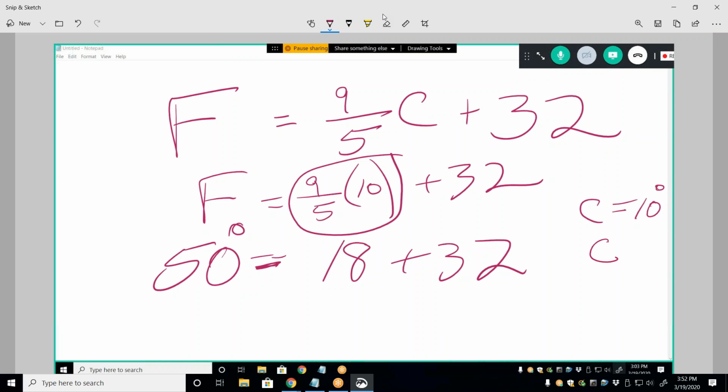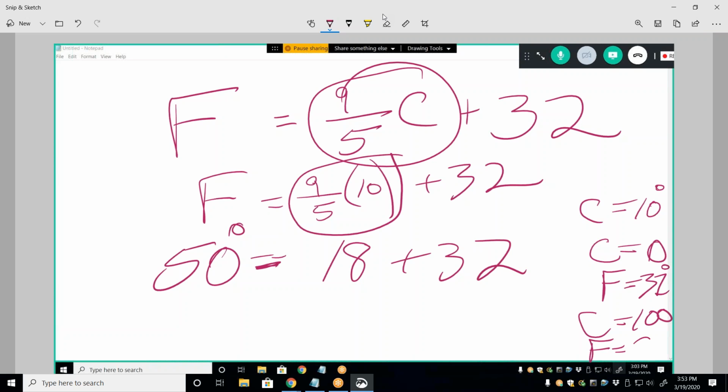So if C equals 0, that gets rid of that whole first term, and Fahrenheit equals 32, which is what we think of as freezing. And if C equals 100, then Fahrenheit becomes 180 plus 32, 212.